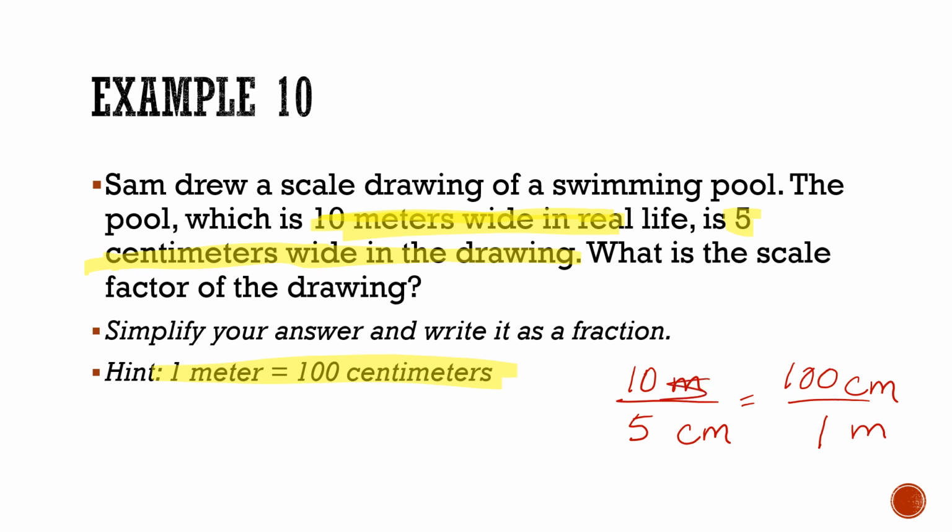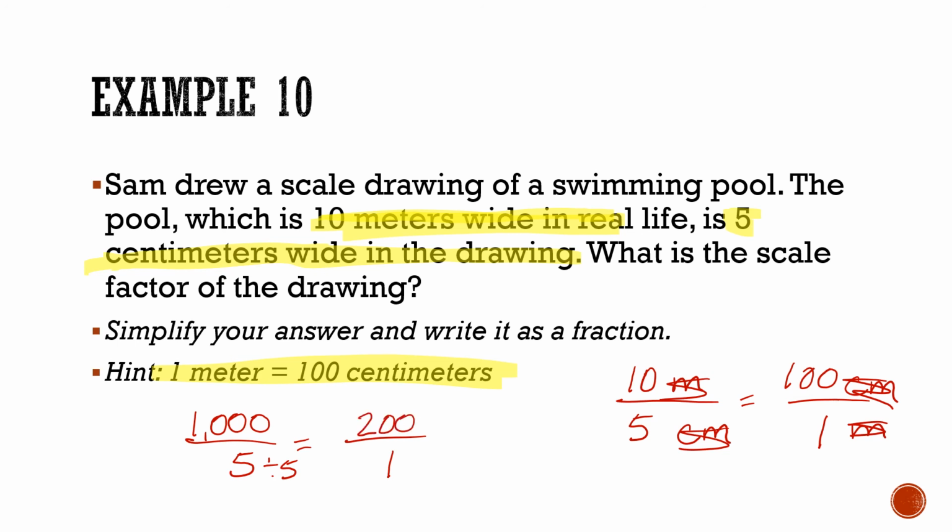Our units cancel. 10 times 100 is 1,000. And 5 times 1 is 5. And those can be simplified by dividing by 5. So 5 divided by 5 would be 1. And 1,000 divided by 5 would be 200.